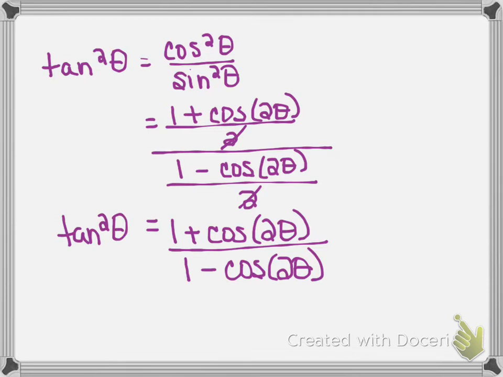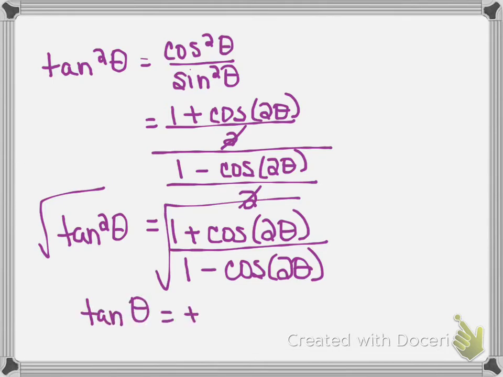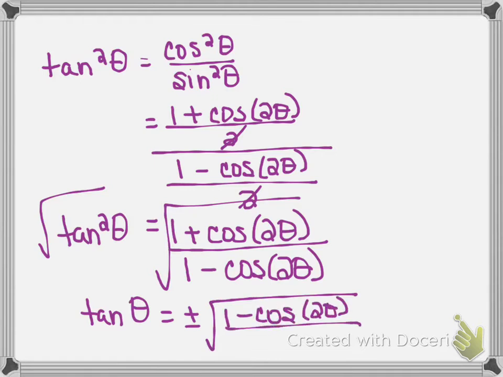So same deal. I want to know what the tangent is, so I'm going to take the square root of both sides. So I'm going to say the tangent of theta is equal to plus or minus the square root of 1 minus the cosine of double that angle over 1 plus the cosine of double that angle.